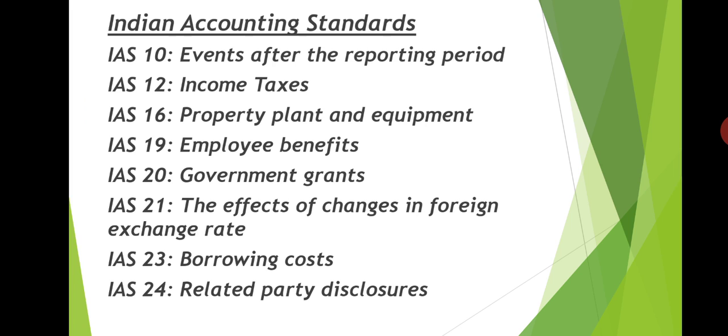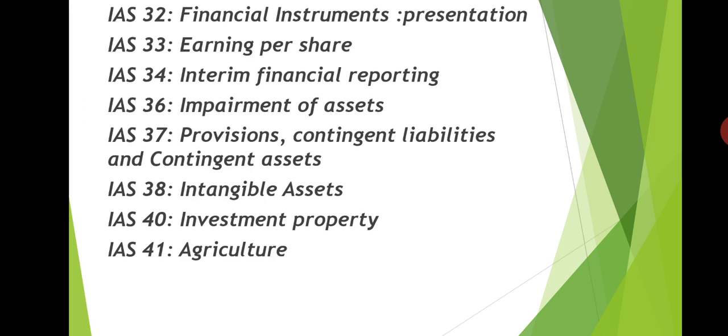At first we are going to study Indian Accounting Standard 10, events after reporting period, Ind AS 12, income taxes, Ind AS 16, property, plant and equipment, Ind AS 19, employee benefits, Ind AS 20, government grants, and 21, the effects of changes in foreign exchange rates, and 23, borrowing costs, and 24, related party disclosures, and 32, financial instruments: presentation, and 33, earnings per share, and 34, interim financial reporting, 36, impairment of assets, 37, provisions, contingent liabilities and contingent assets, and 38, intangible assets, and 40, investment property, and Indian Accounting Standard 41, agriculture.